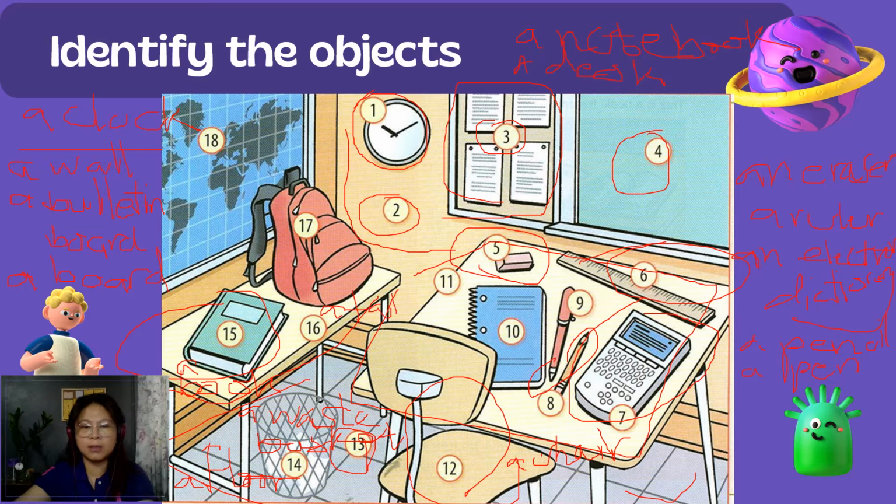Number 17, we have a backpack or a bag. A bag or a backpack. And number 18 is a map. So these are the things that we can find inside a classroom.